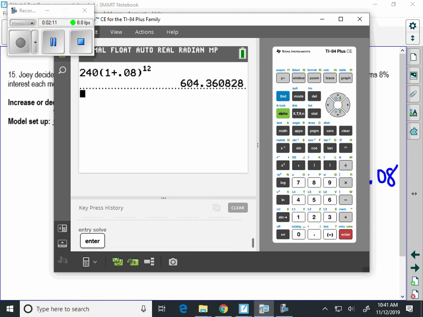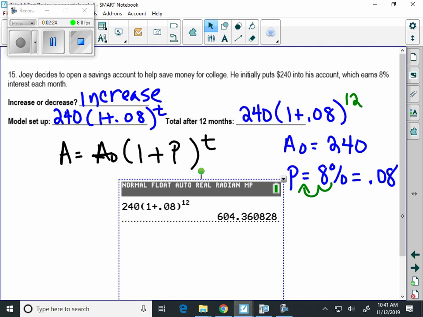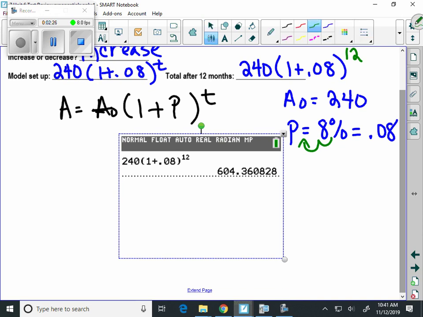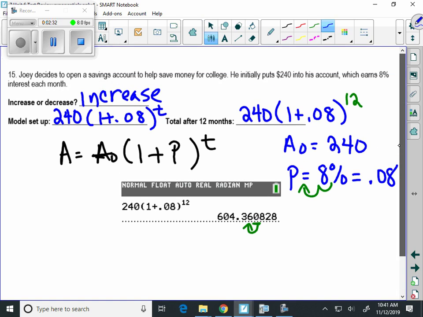And we end up with 604.36. Remember, looking at the 0 here to determine how to round. So this is going to stay 604.36.